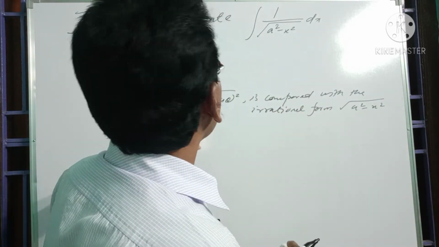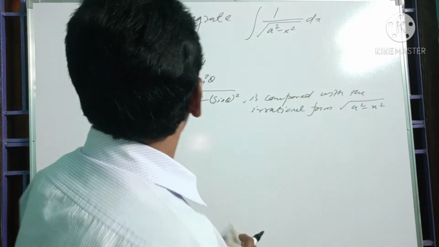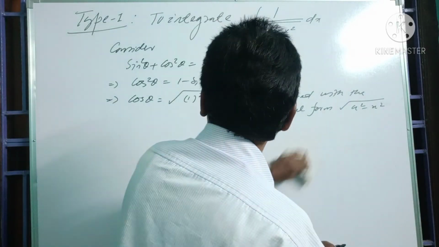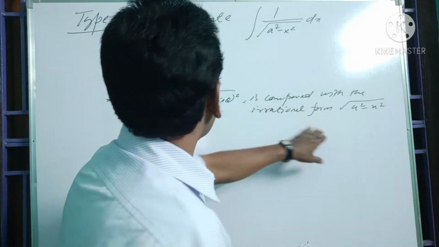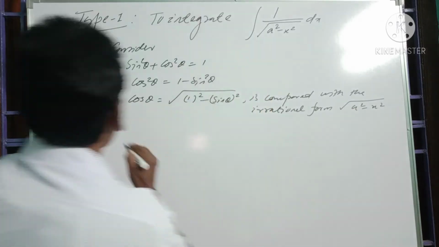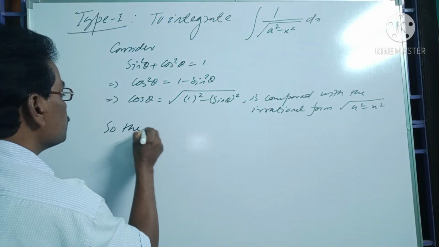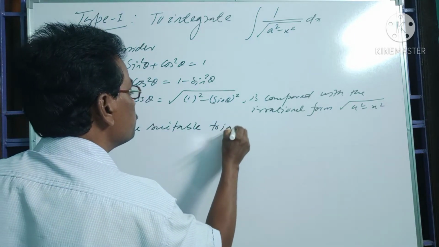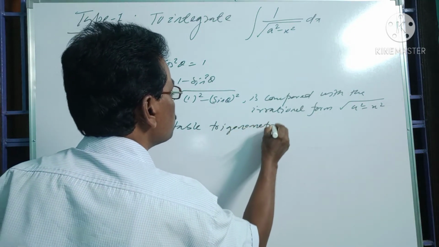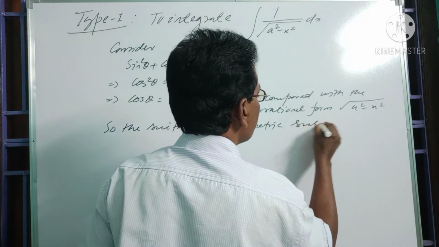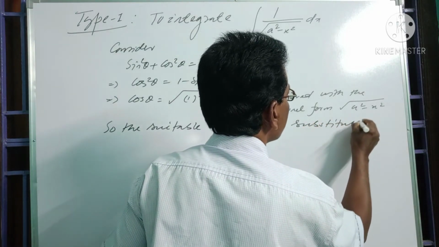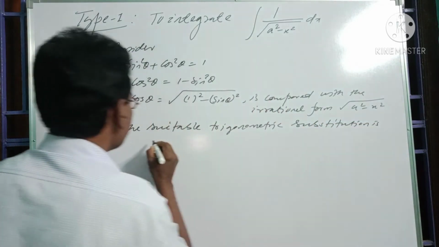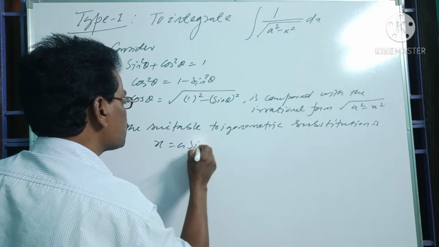So in this process of finding the trigonometric substitution, if you compare 1 with a and sin theta with x, the suitable trigonometric substitution will be x is equal to a into sin theta.